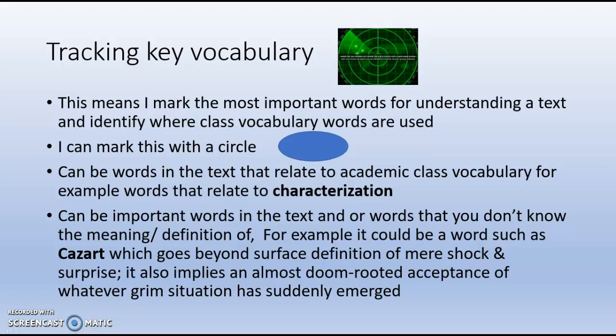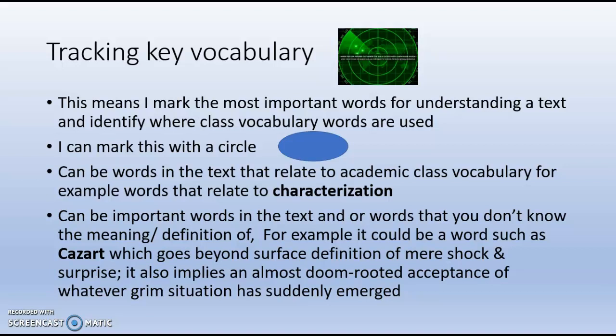The next annotating strategy is tracking key vocabulary. This means I mark the most important words for understanding a text and identify where class vocabulary words are used. I can mark this by circling the vocab word. So an example of an academic vocabulary word might be one that describes characterization.